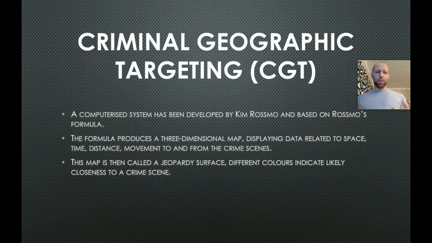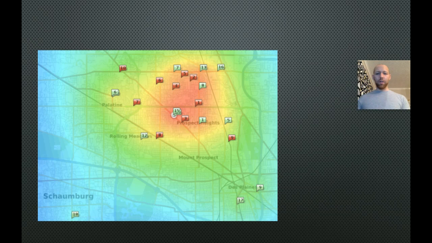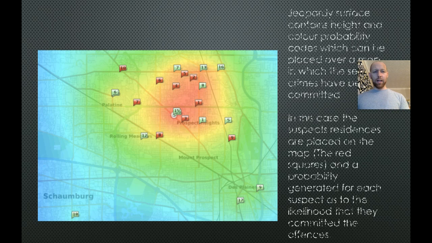So it essentially is building up a model of all the characteristics of the geography, and in theory can predict the likely location that crimes might be committed. This is referred to as the jeopardy surface, with different colours indicating likely closeness to a crime scene. So here we have an example of a jeopardy surface with the red colouring increasing the likelihood of a crime being committed in that area.